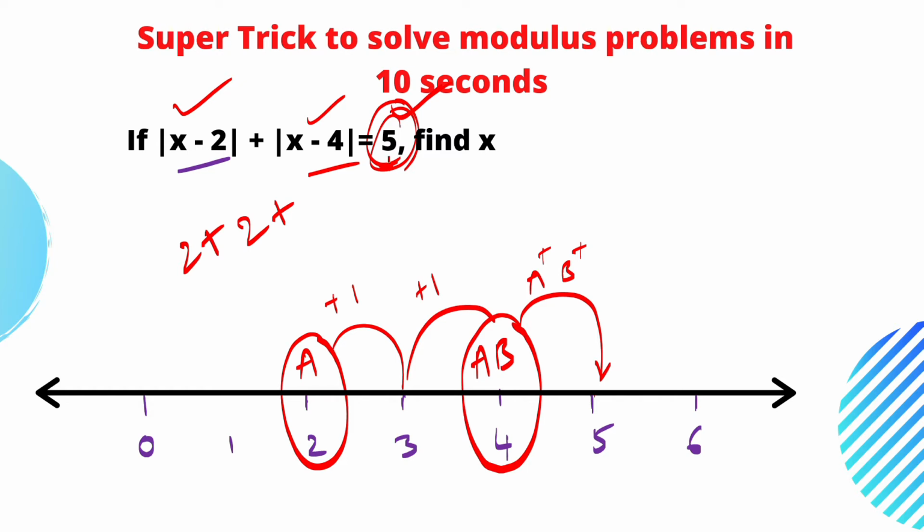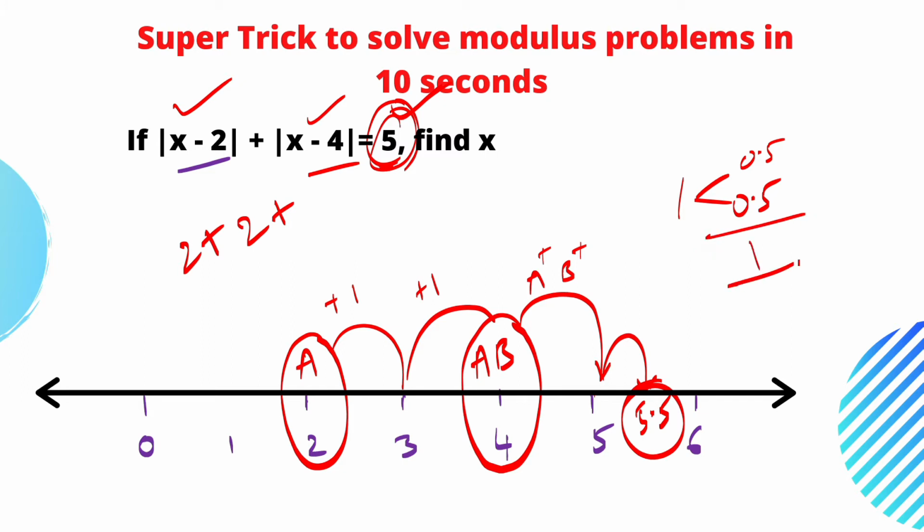So 1 more unit must be covered by both of them. So each one must take 0.5 units. Okay, so from 5 to 5.5. When a and b move from 5 to 5.5, a is covering 0.5 and b is also covering 0.5 units, and when we sum up it is equal to 1, so plus 1, and the total is equal to 5 units.